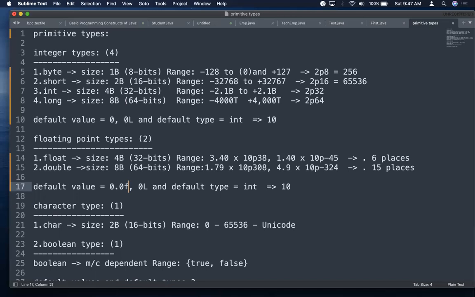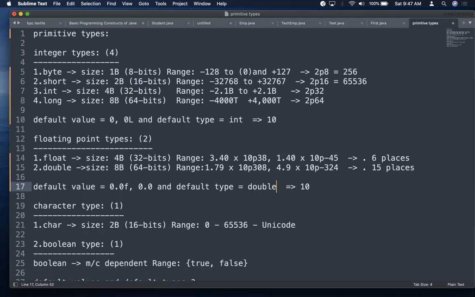We need to say f, otherwise it will become a double value. And the default value for double is 0.0. Otherwise you can also mention d. Even if you don't say d, no problem, it is a double value only. That means the default type here is double.